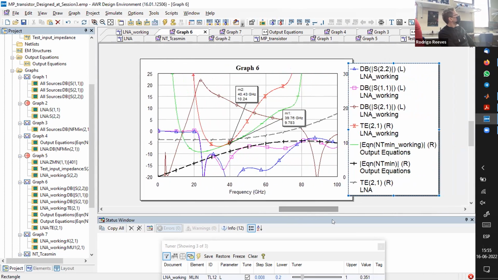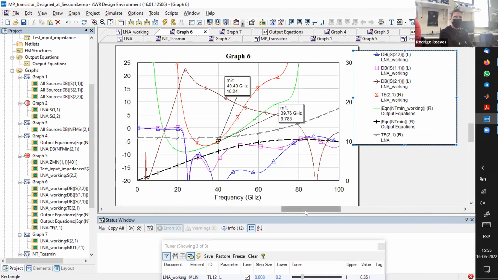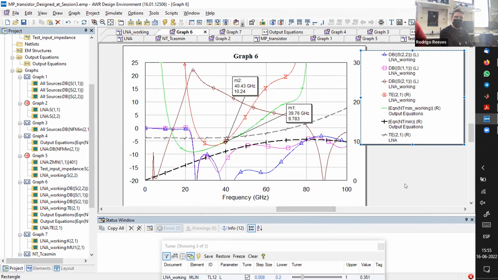We were simulating that we should achieve somewhere around 10 kelvins or below at 40 gigahertz, based on the TCAS min and the NF min simulations. It seems that we did a correct job, so we have the noise at 40 gigahertz a bit below 10 Kelvin.